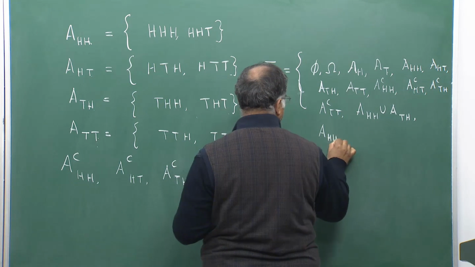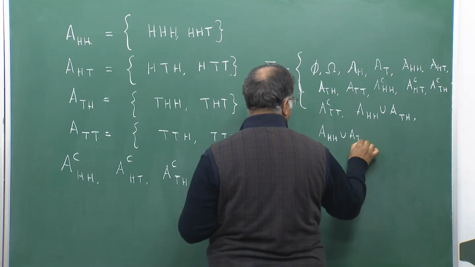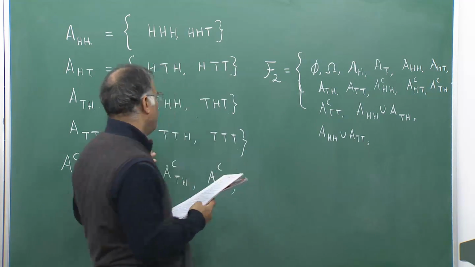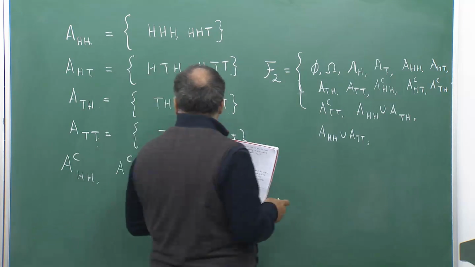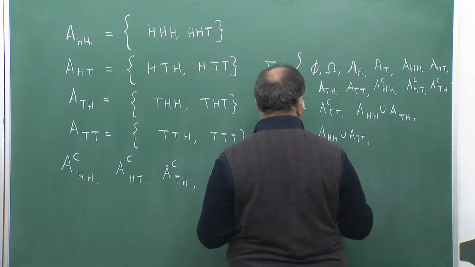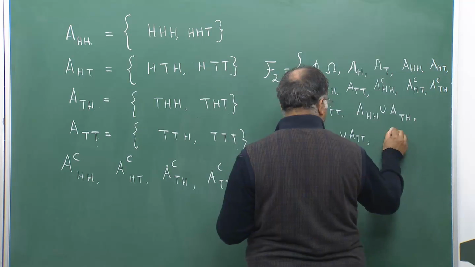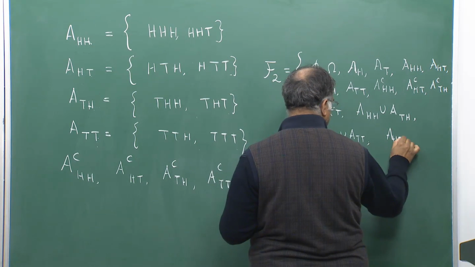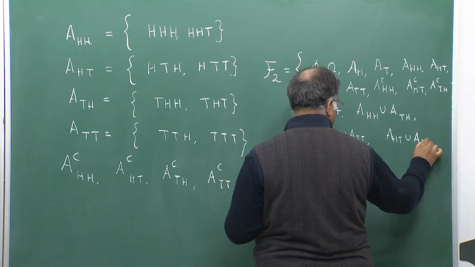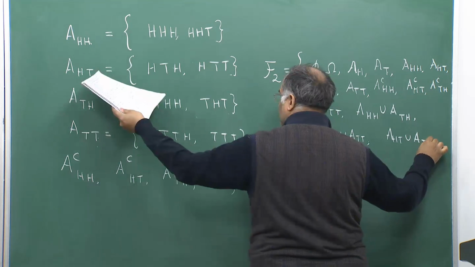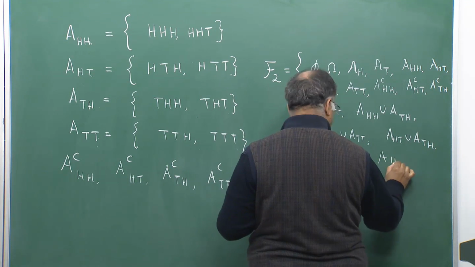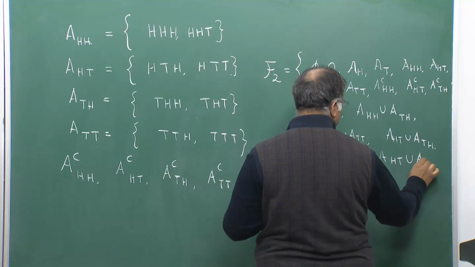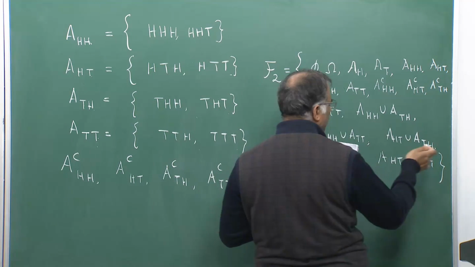AHH union ATT must be considered, because they will not form anything which is already given. AHT union ATH and AHT union ATT must be considered, means those things which do not appear at all.